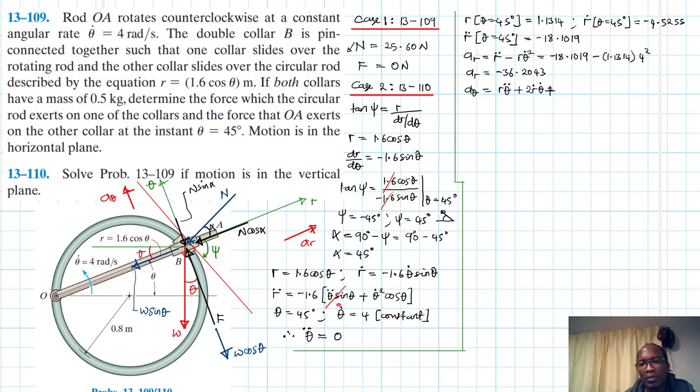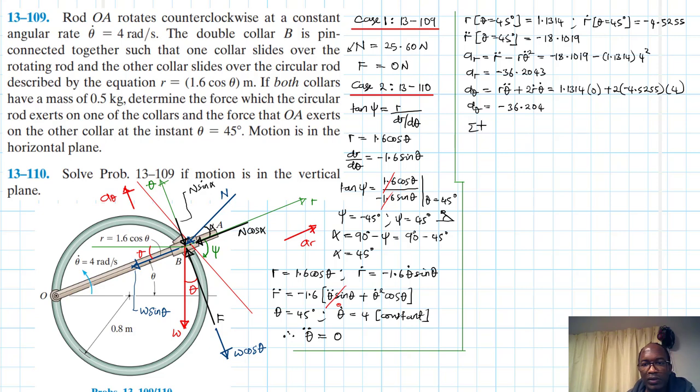This is 1.1314 times 0 plus 2 times r dot, and our r dot is minus 4.5255, times theta dot, which is 4. So a theta is just equal to 2 times minus 4.5255 times 4, which is minus 36.204.